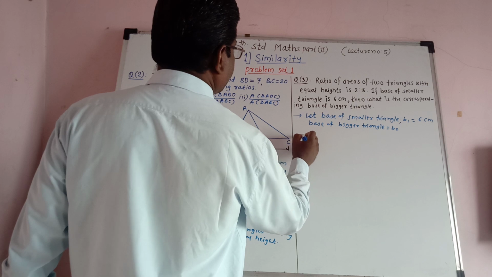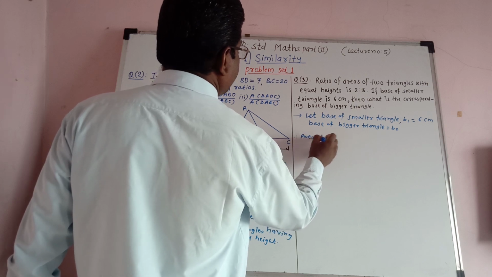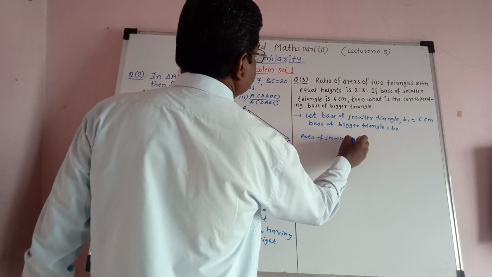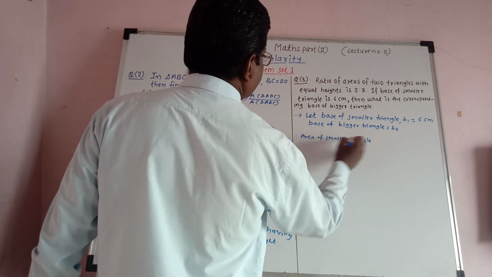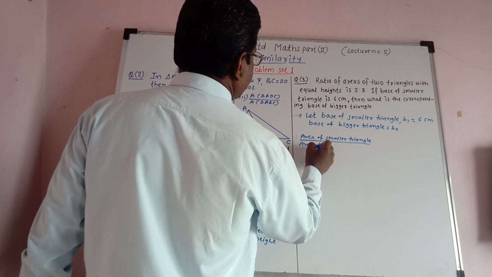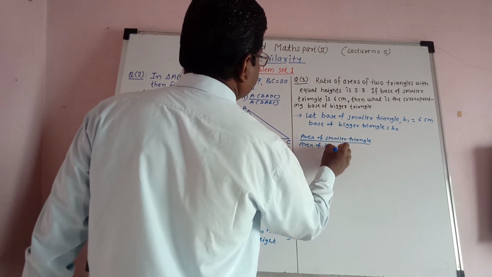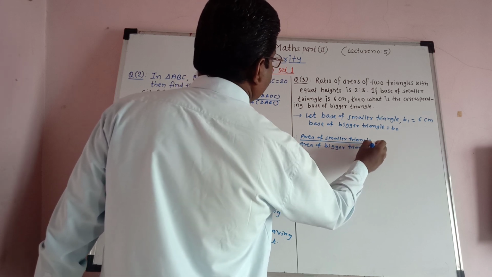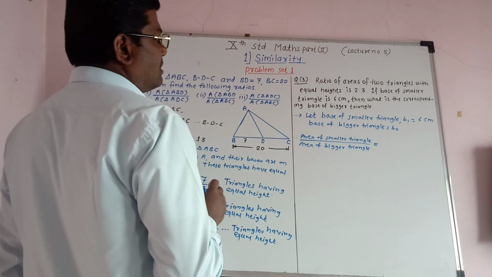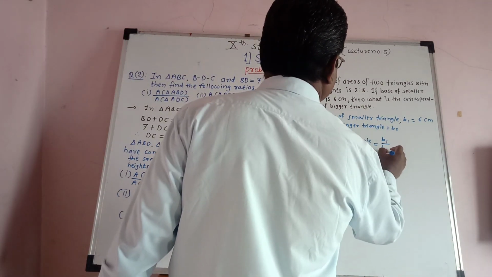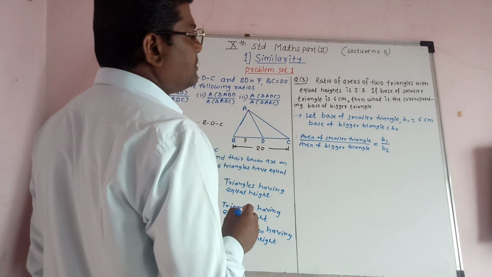Therefore, area of a smaller triangle upon area of a bigger triangle is equal to base of a smaller triangle B1 upon base of a bigger triangle B2.